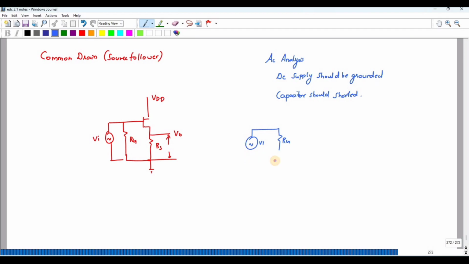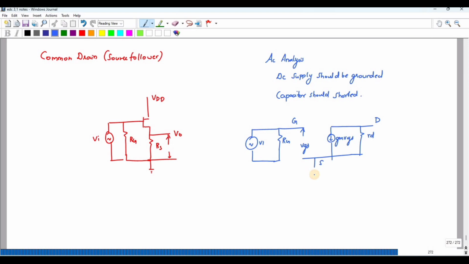G, followed by this is your gate, so this is your VGS. Okay, this is your source followed by gm VGS, and this is your RD. So this is your drain terminal.